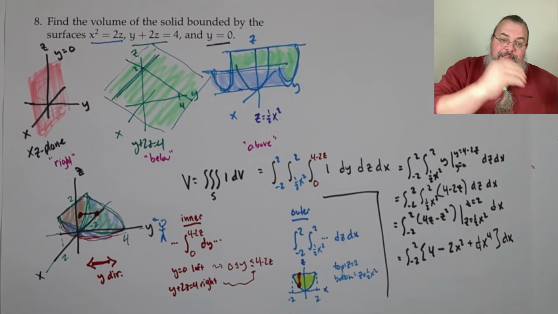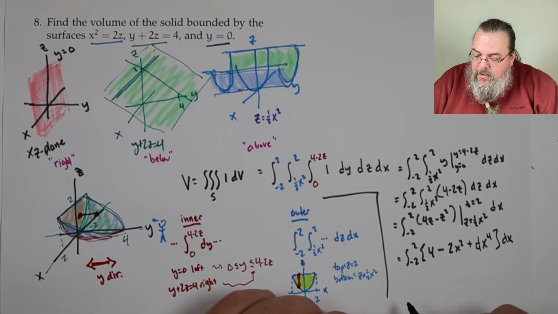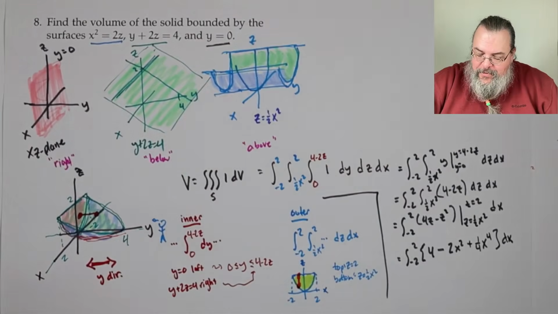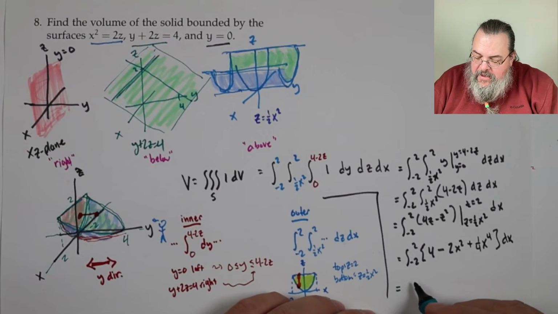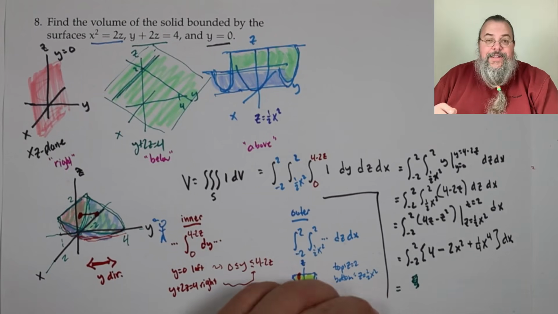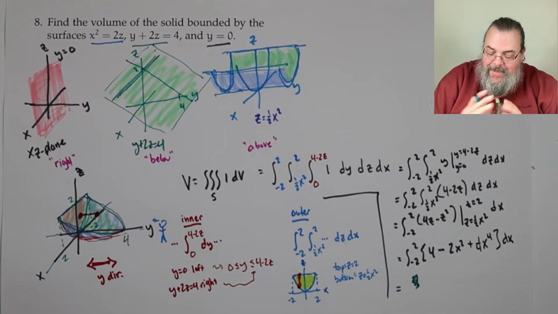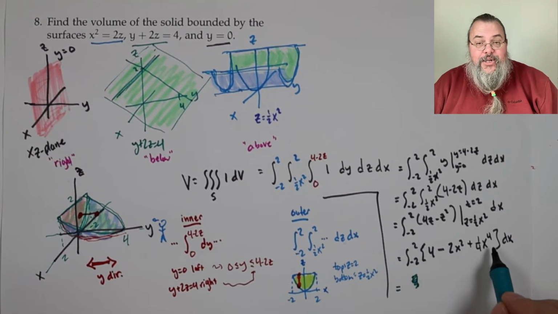Now we have to integrate this. We have almost enough real estate up here, so we'll finish the problem upstairs. But first, let's integrate. Actually, let's take advantage of something while we're here. Notice you have an even function.